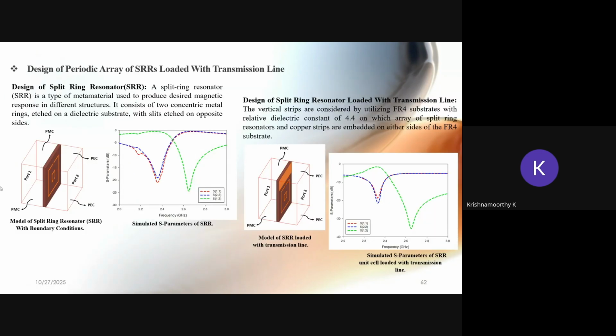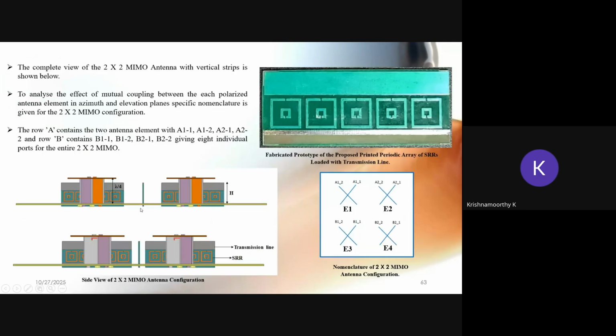This SRR structure gives band stop characteristics. Between port 1 and port 2, the S11 and S21 characteristics are shown here. It stops the wave propagation from port 1 to port 2. So we place this structure between the antennas in the array, and then we can improve the isolation between the antennas.